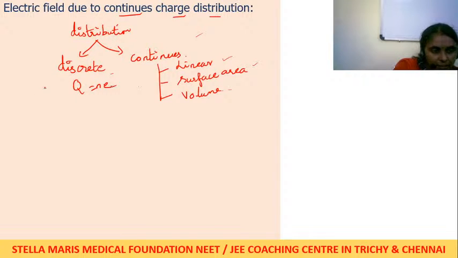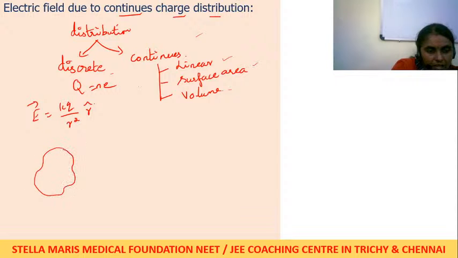We know the electric field is KQ divided by R squared into R cap. If we consider an irregular shape, here is the point charge, and a number of charges are present here. Consider these as del Q1, del Q2, del Q3, del Q4.